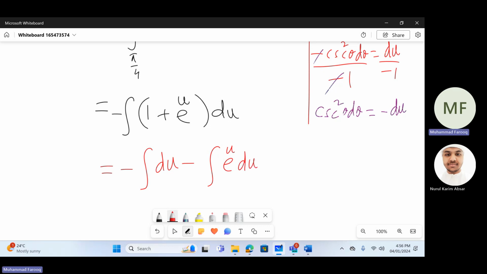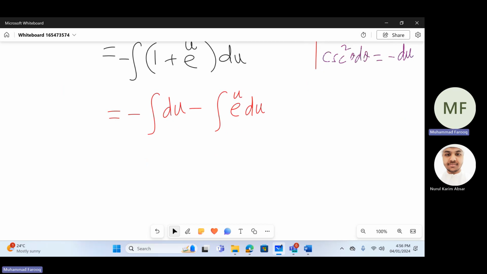I just distributed the integral sign one by one. What is the integration of du? Negative u. Yes, good. What is e to the u du? e to the u. So this is negative u, negative e to the u. And don't write plus C, because it has limits.